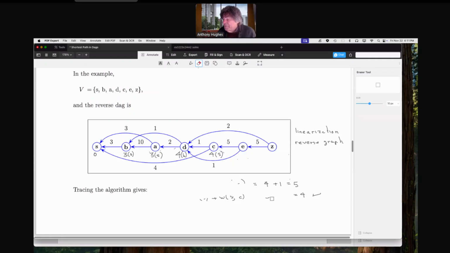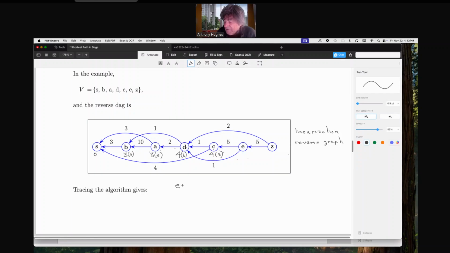So we got E. So this is why it's dynamic programming. We're going back and looking at the previous results to give us the current result.